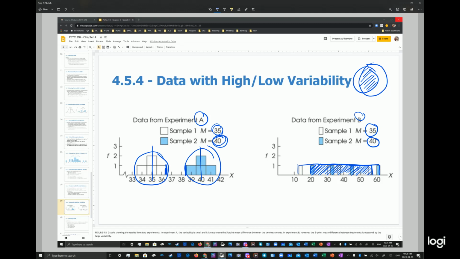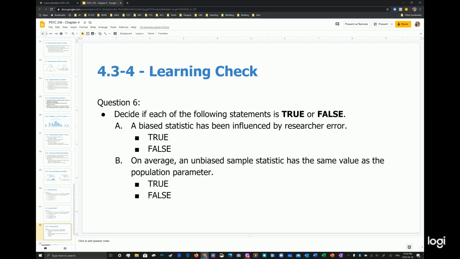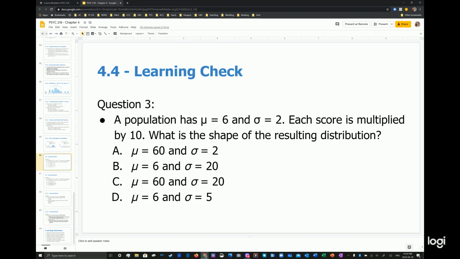Again, whether that is comparing a sample to a population to see whether that sample really is different from the population, or comparing between samples to see whether one sample is different from the other. So we end with a learning check, and then that's kind of it. So a long series of learning checks to review the stuff we've done so far.